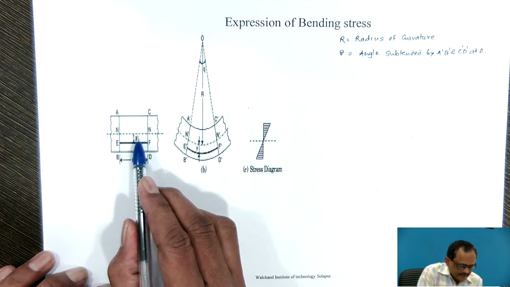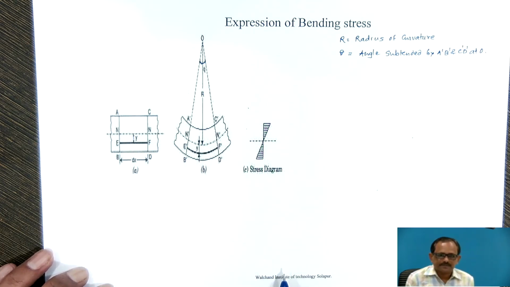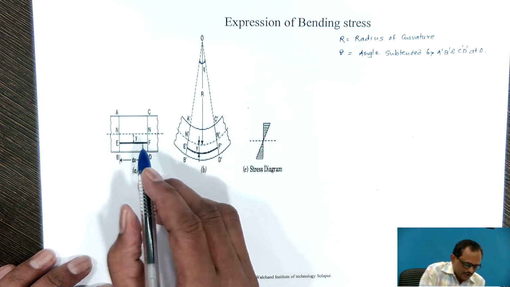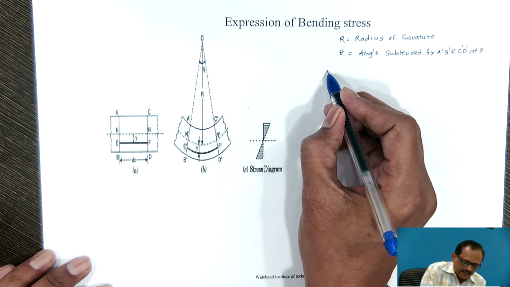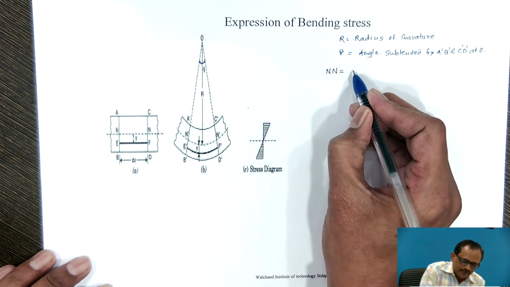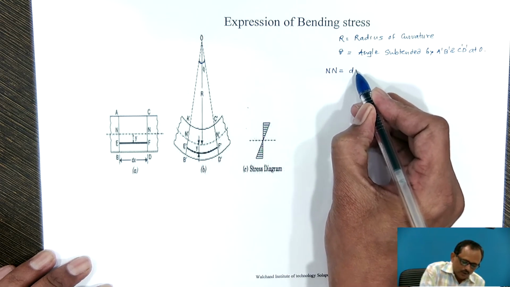N is the neutral layer. Before applying the moment, as shown in the figure, the length of the neutral layer is equal to dx.